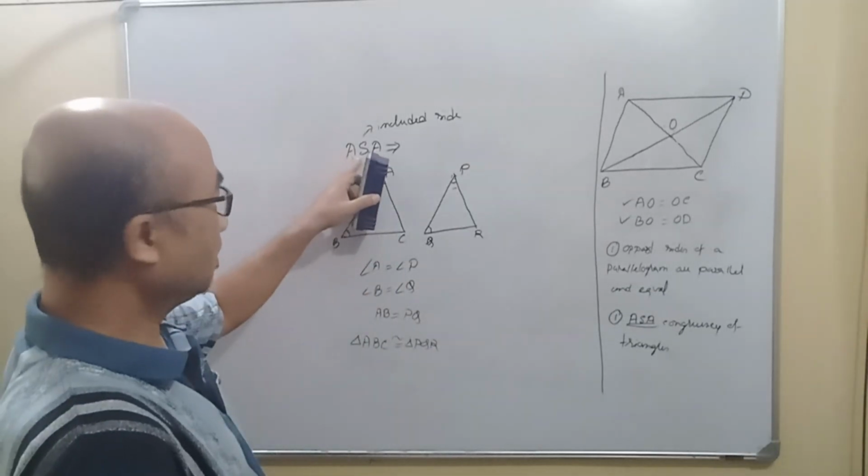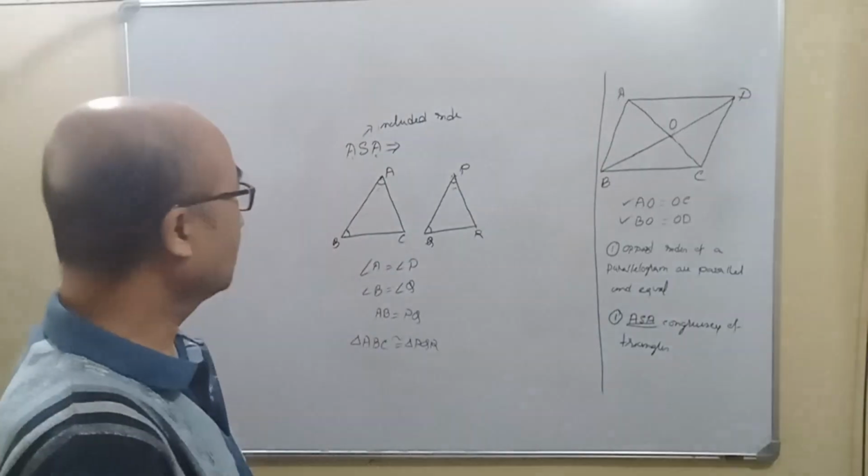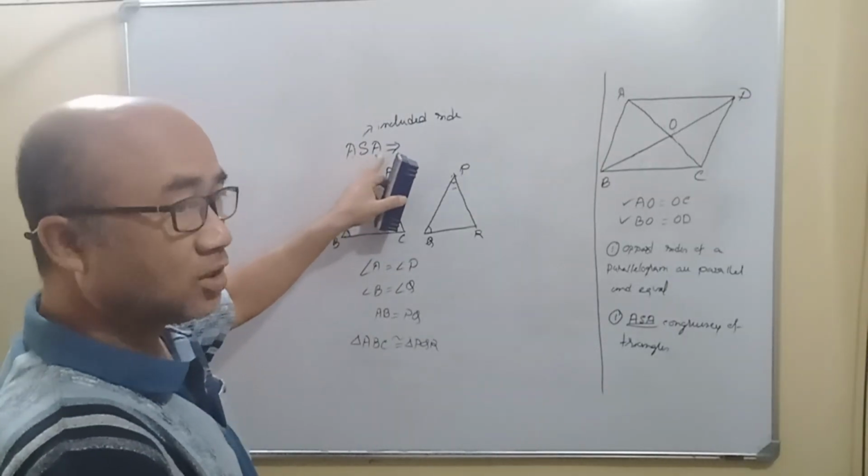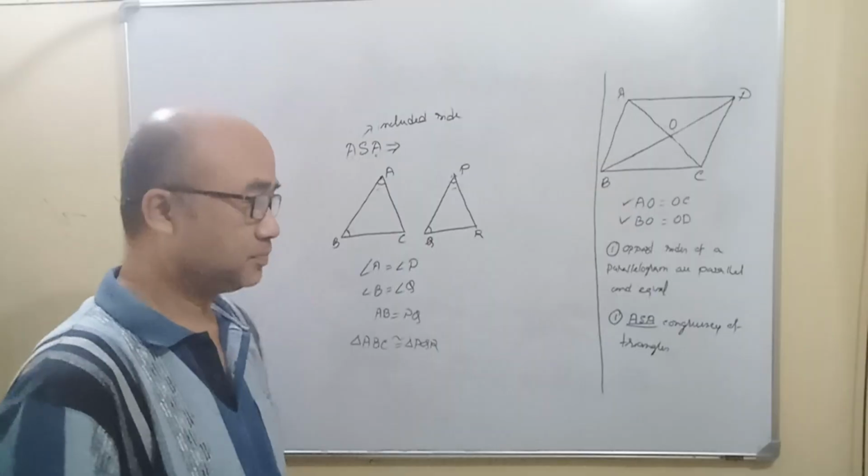That is what this means, ASA congruency of triangles.